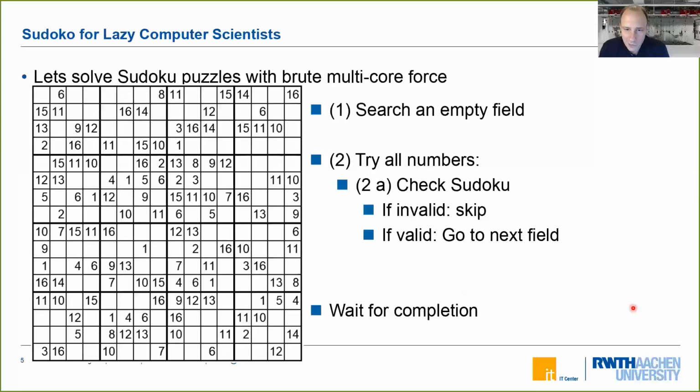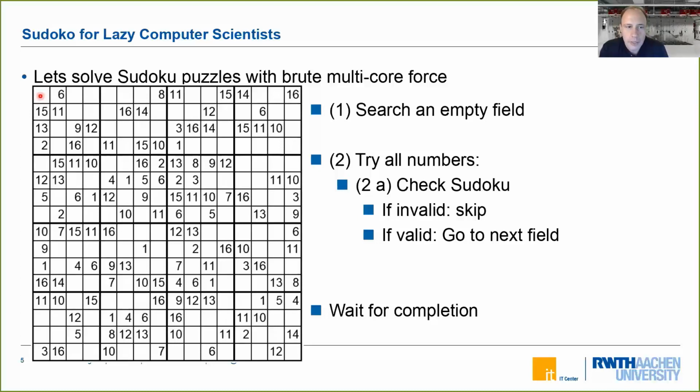And, you know, for computer scientists, sometimes I get the impression that Sudoku might be one of the most important problems out there. And this is why I've selected that for my motivation. So I assume you all know the Sudoku challenge or the Sudoku problem. And what I try to sketch here on this slide is a very simple algorithm. So you start the algorithm with an empty field, like this one in here, and then a really stupid brute force algorithm tries out all the numbers.